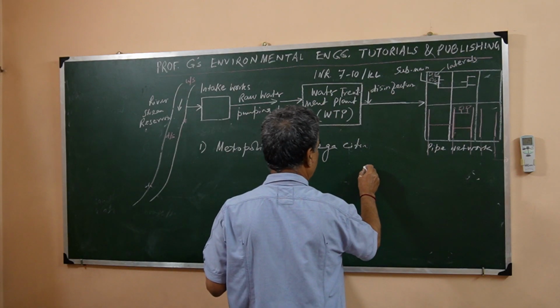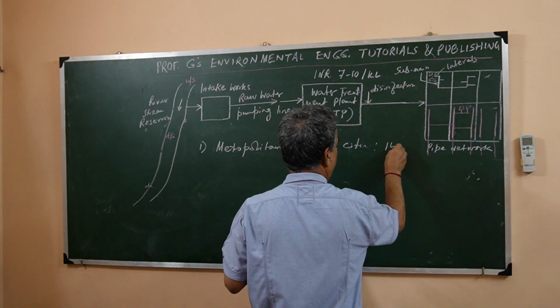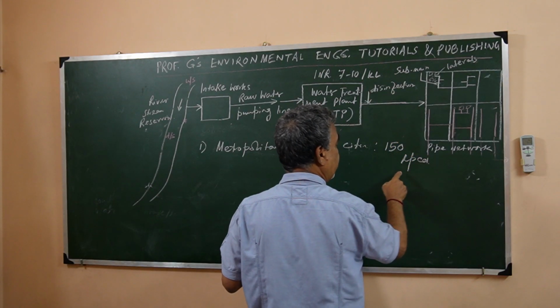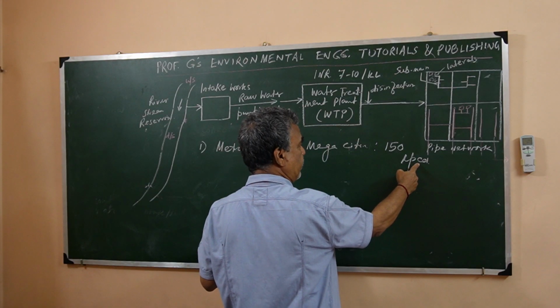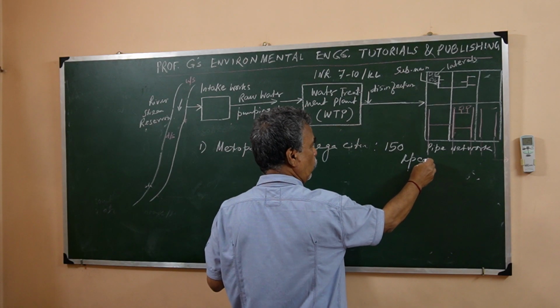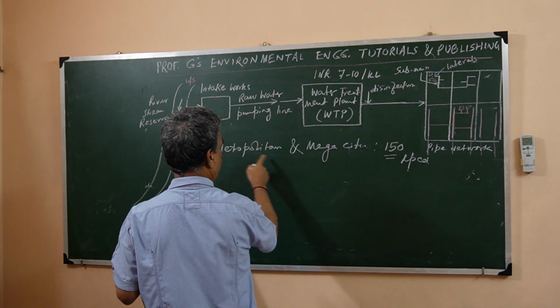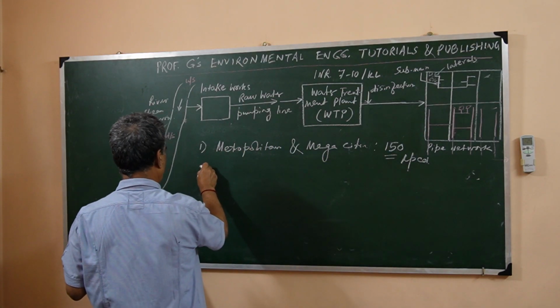There the demand is 150 LPCD, that is liters per capita per day. So this is the demand for metropolitan and mega cities.